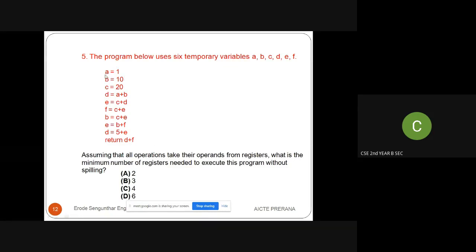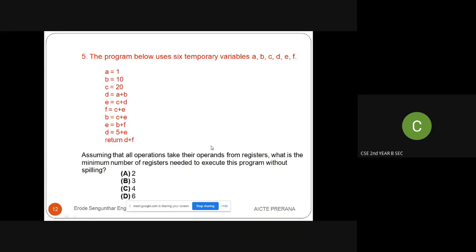A is equal to 1, B is equal to 10, C is equal to 20, D is equal to A plus B, E is equal to C plus D, F is equal to C plus E, B is equal to C plus E, E is equal to B plus F, D is equal to 5 plus E. Finally we have to return the value D plus F.